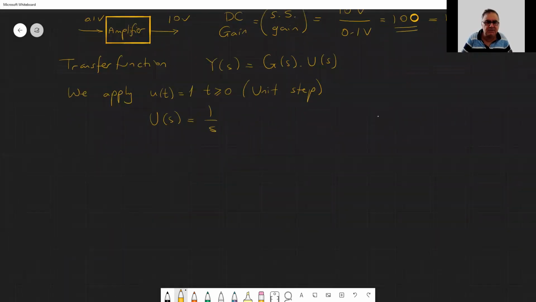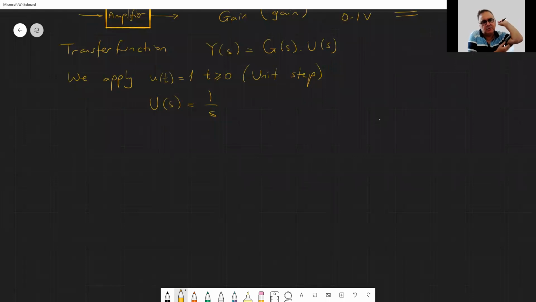So for a unit step, we want to find the value of the output. The output in time is going to be something like this.